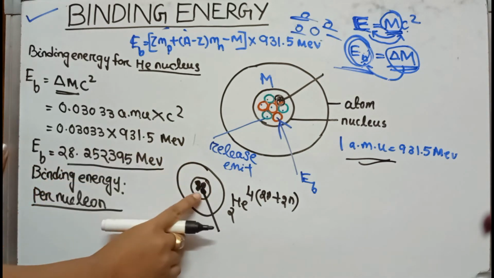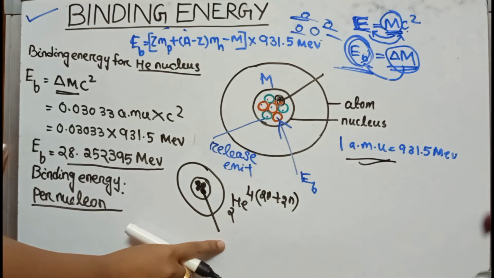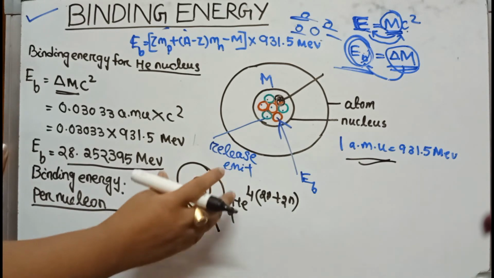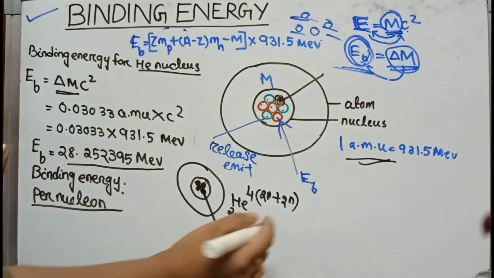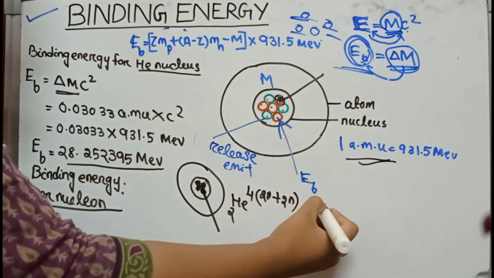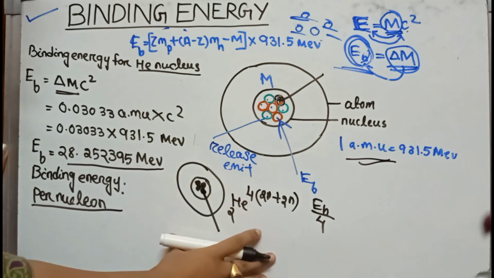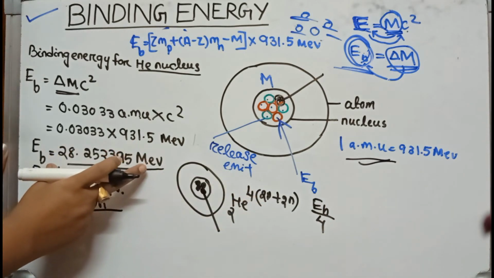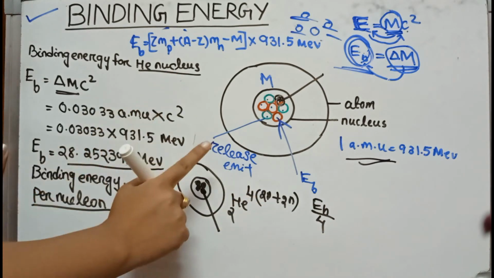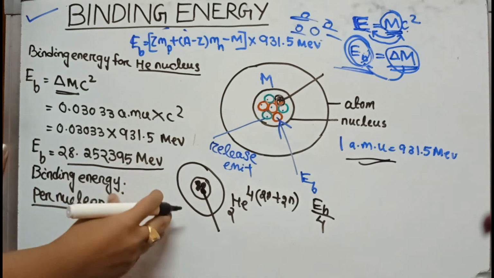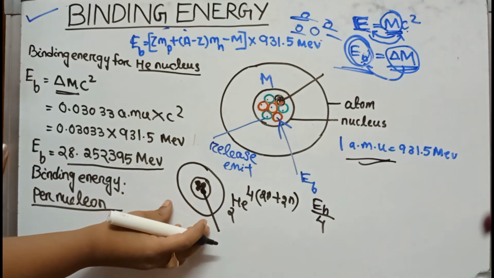If only 1 nucleon is released, how much energy is required? That is binding energy divided by 4. If 4 nucleons are released and this amount of energy is required, then for 1 nucleon released, how much energy is required by the nucleus?